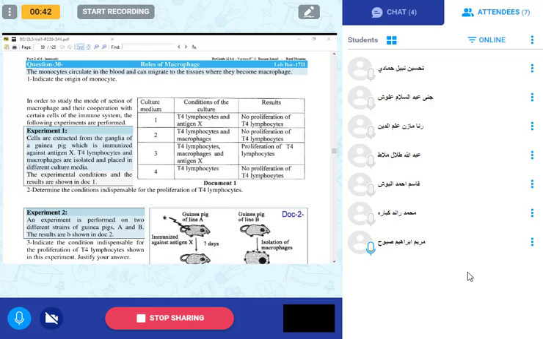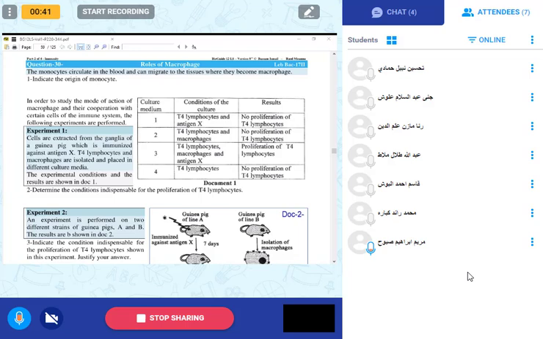طيب, in culture medium 1, we put T4 lymphocytes and antigen X. So no proliferation of T4 lymphocytes. يعني here, the T4 could not identify the antigen, so they did not divide and multiply. طيب, yes. In 2, T4 lymphocytes and macrophages.